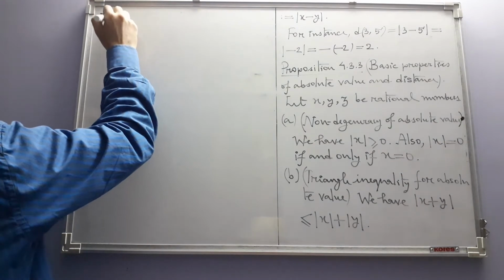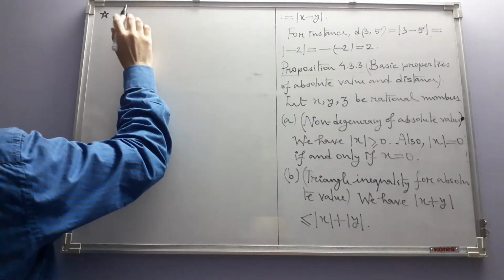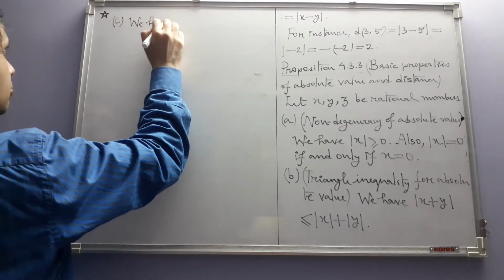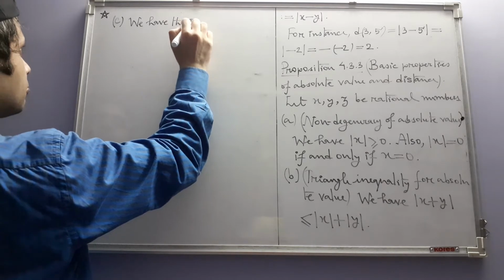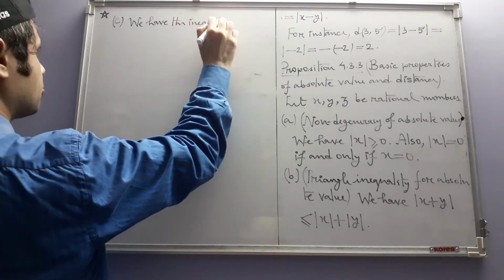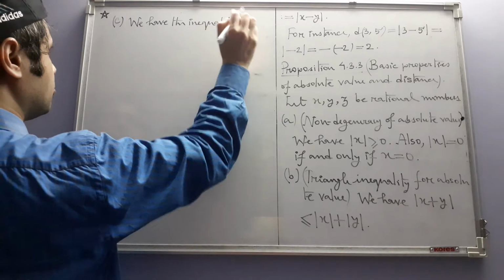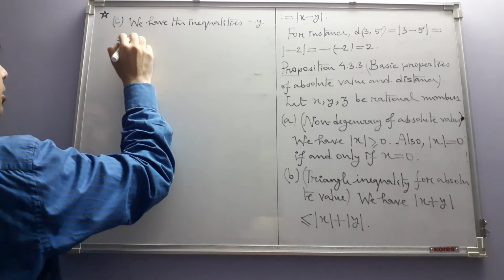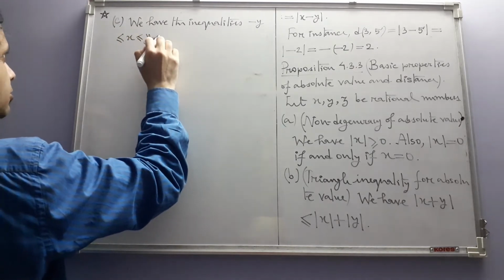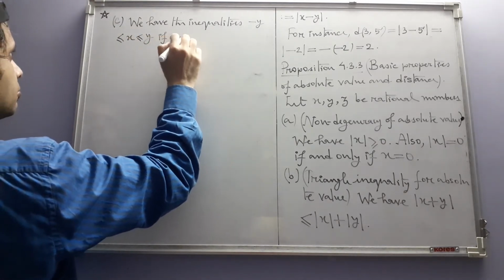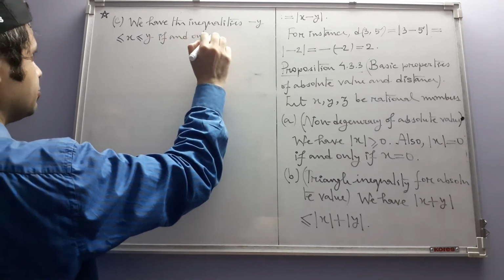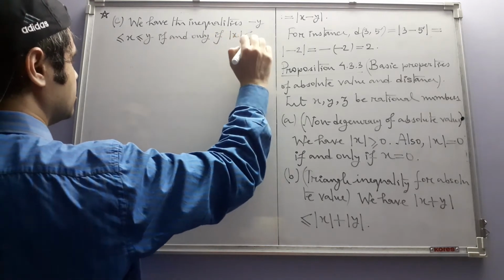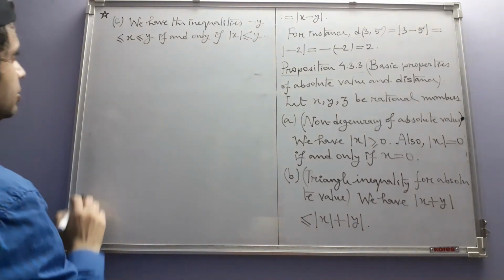Okay, then part C. We have the inequalities minus y less than or equal to x, that is less than or equal to y, if and only if absolute value of x is less than or equal to y.